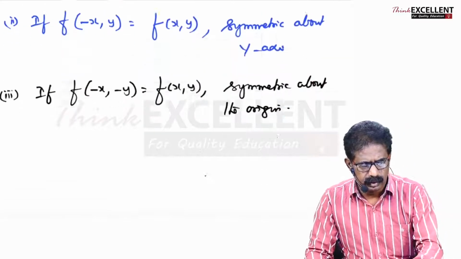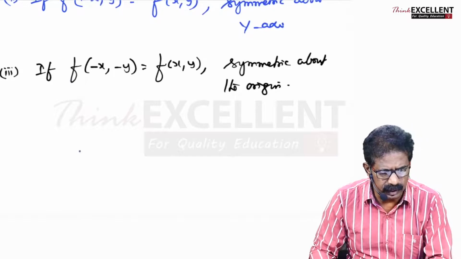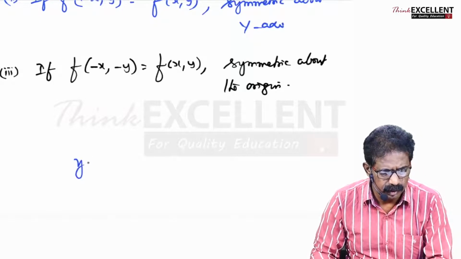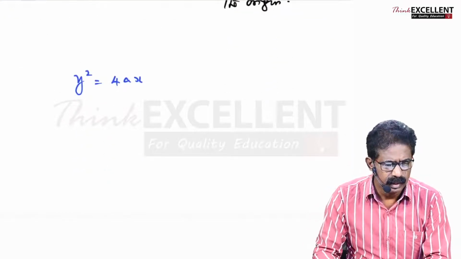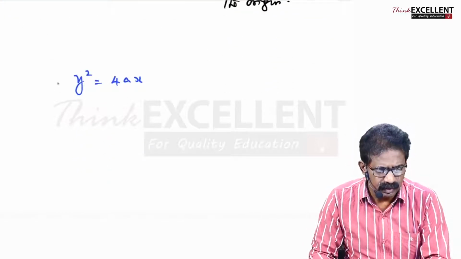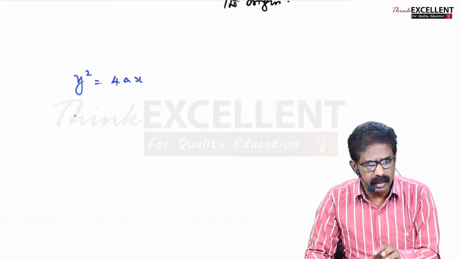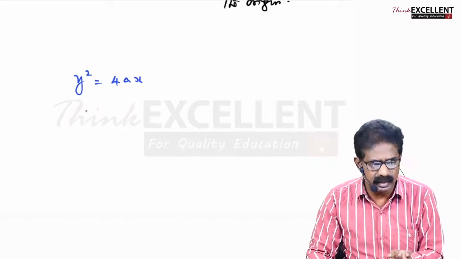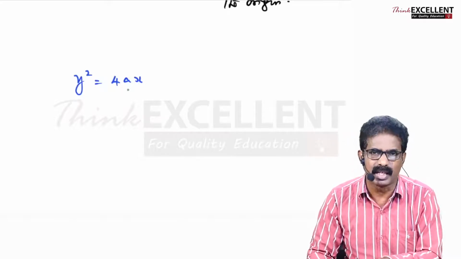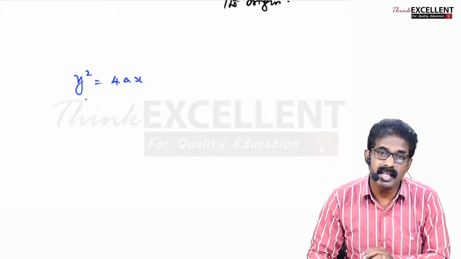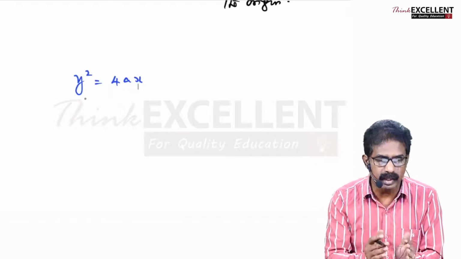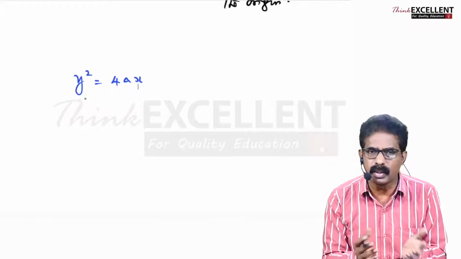Suppose we have a question like this: y square equal to 4ax. Is it symmetric about the x-axis? It is a function of x and y, right? When you change the sign of x, it will affect it, it will become minus 4ax. But when you change the sign of y, minus y the whole square, what is that? It is y square itself, no change.